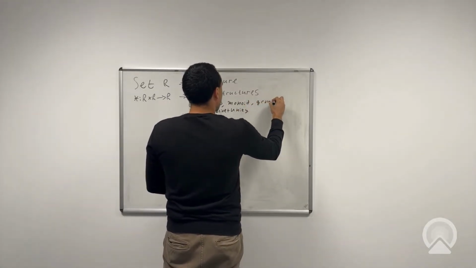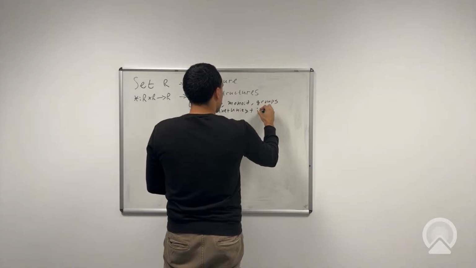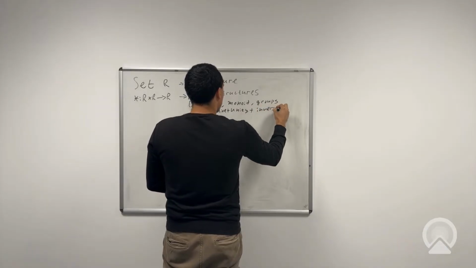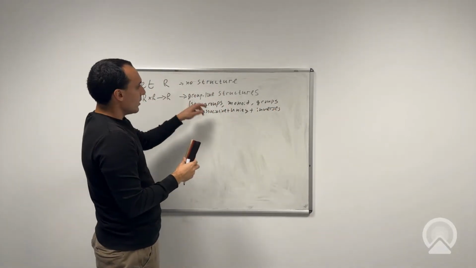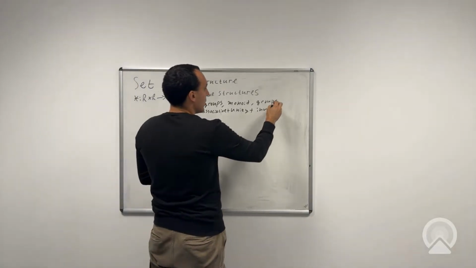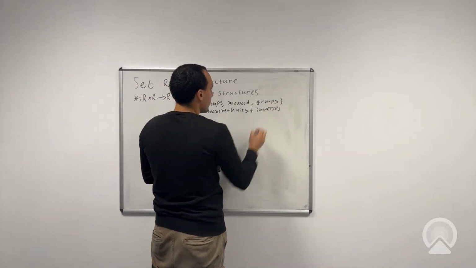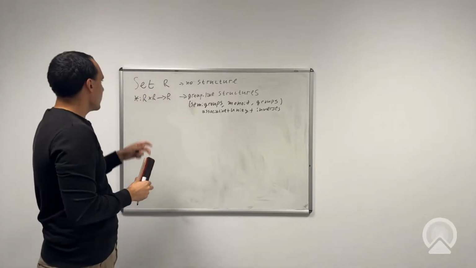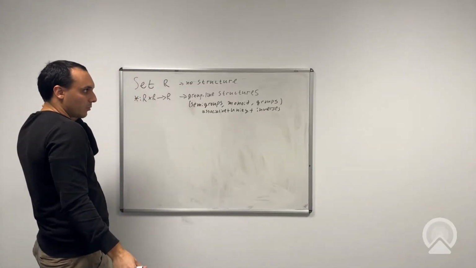And groups have inverses, plus inverses. So any kind of structure has more constraints than the previous one. The binary operation has more properties by definition.